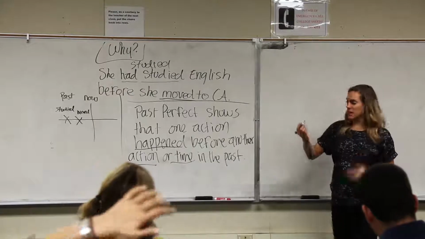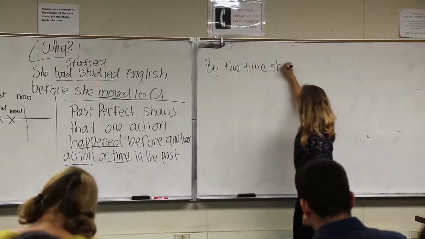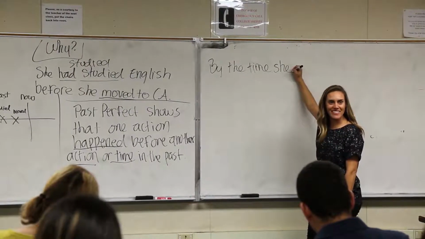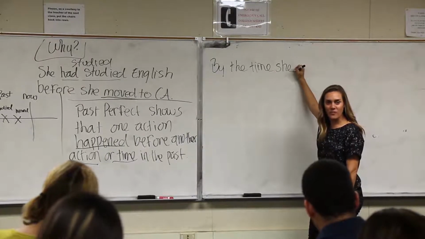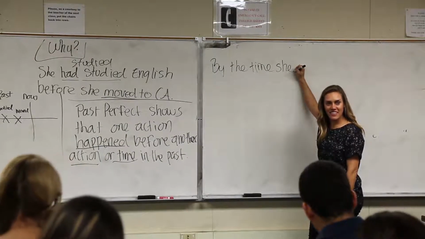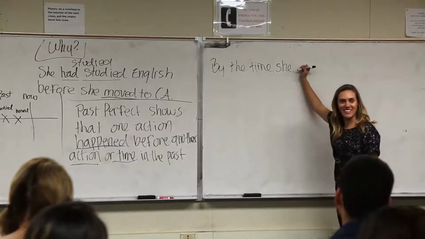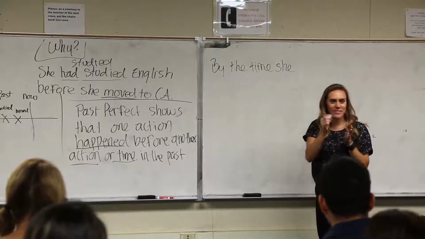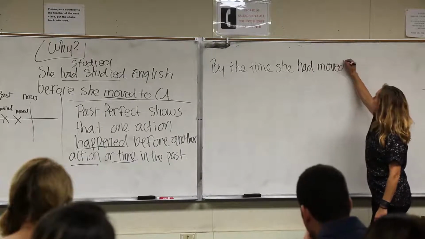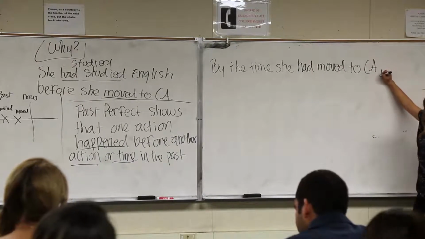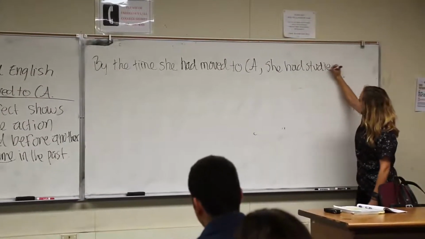Let me give you another example. The sentence in the listening homework: I have been lucky so far, but I have had a few close calls too. That's a good one. It's really long. I try to get short ones. Okay. By the time she had moved to California, she had studied English.